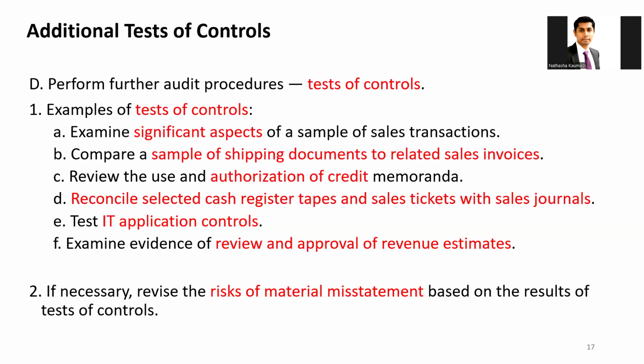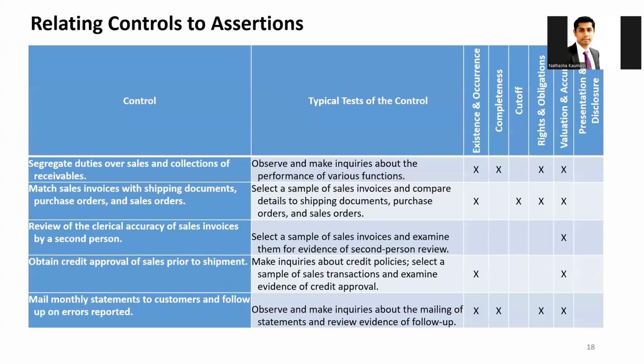Now you understand your client as a risky client. There can be revisions like that. So throughout the audit, not only in the planning area, throughout the audit, there can be revisions to the risk of material misstatements. Right. So these are some relating controls.